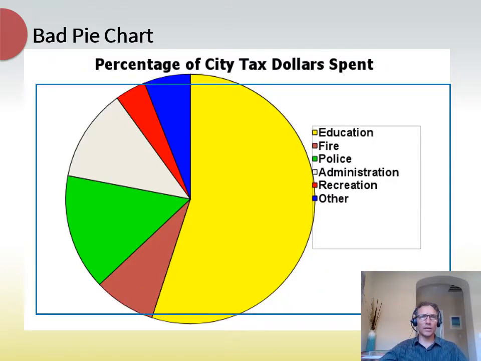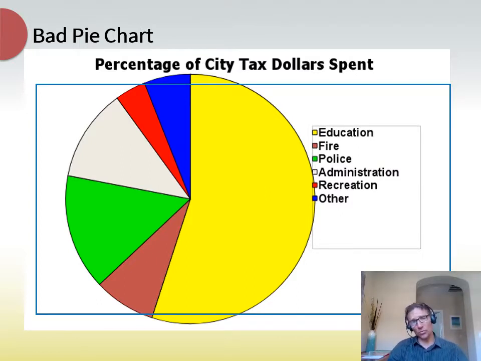So here's a bad pie chart. Because we don't know what the percentages are, you can put the percentages right in. You see a legend there, and hey, city tax dollars, most money they spend is on education, and that's in the yellow. So they should move that legend over so it's not crowding up against the pie chart.